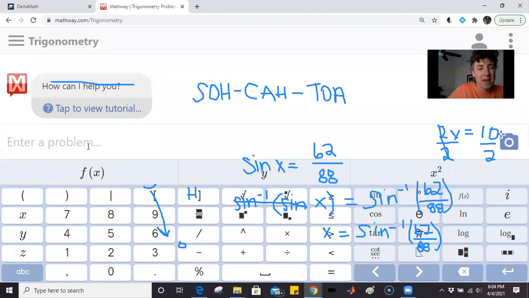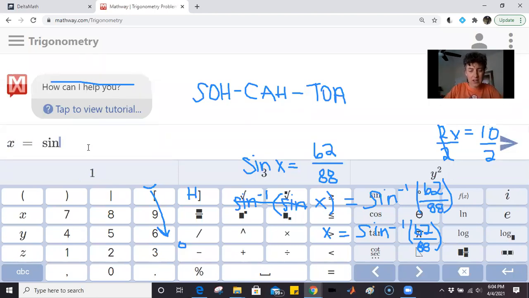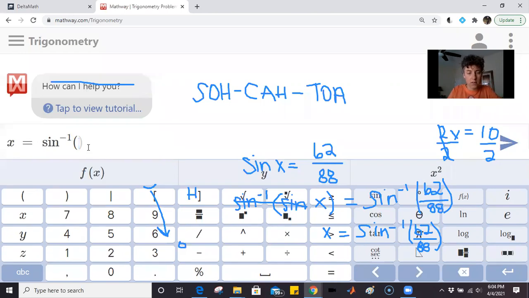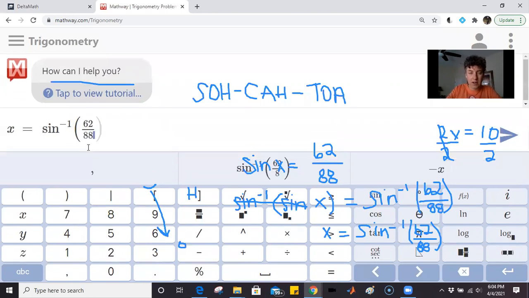I'm going to use Mathway, and I'm going to say that x equals sine to the -1, inverse sine of 62 divided by 88.